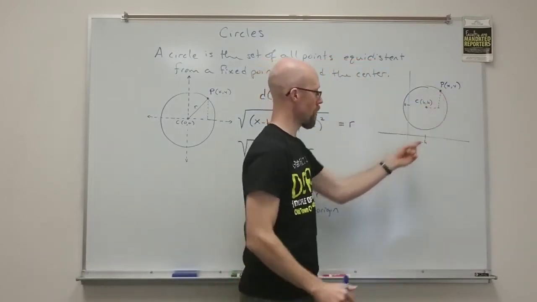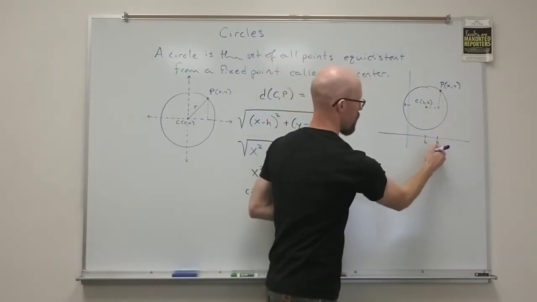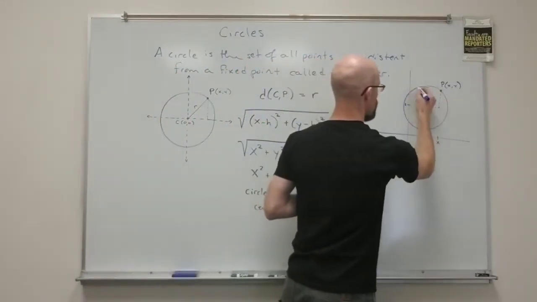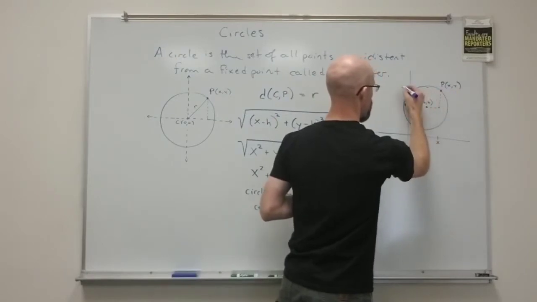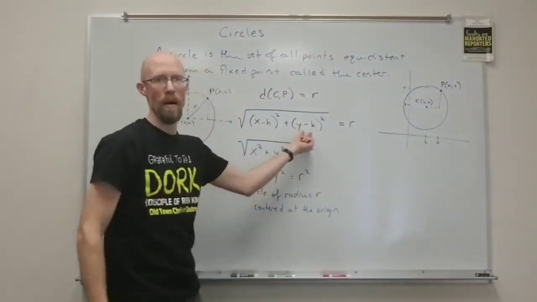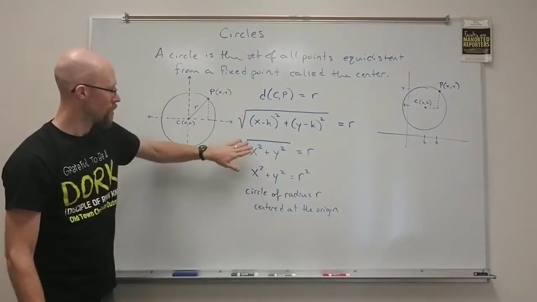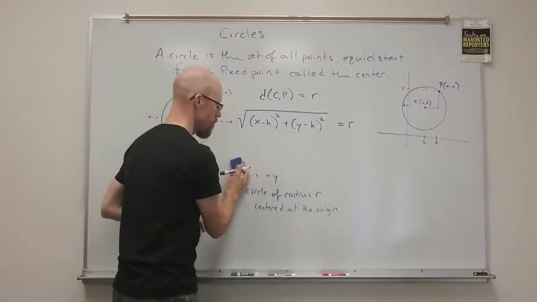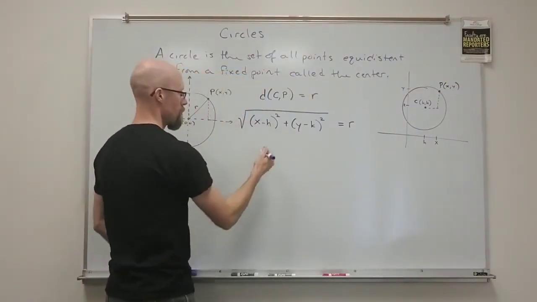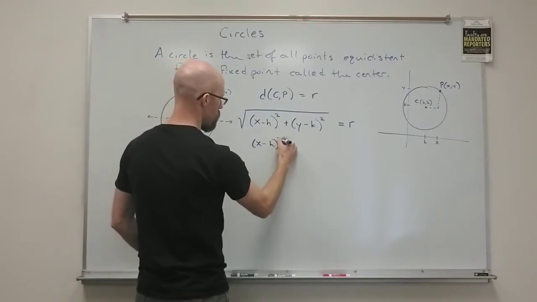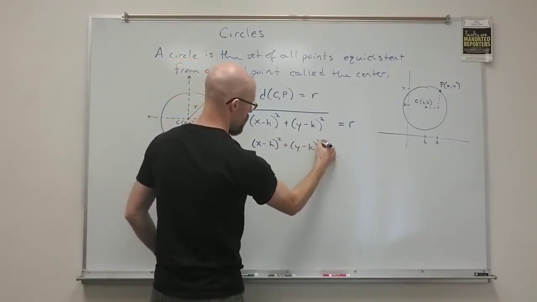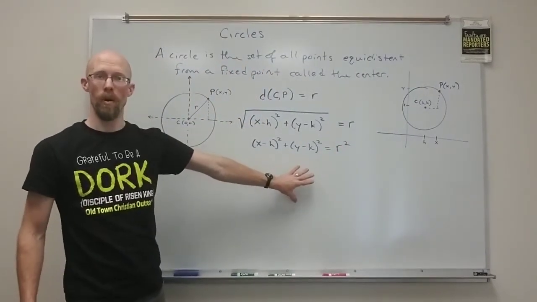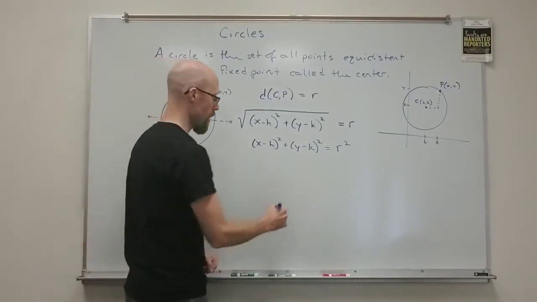So horizontally you're looking at the difference between x and h, which is x minus h, and vertically we're looking at the distance between y and k, which is y minus k. That changes this formula slightly. When you square both sides, you end up with the formula x minus h squared plus y minus k squared equals r squared. This is the equation for a circle centered at the point h, k.